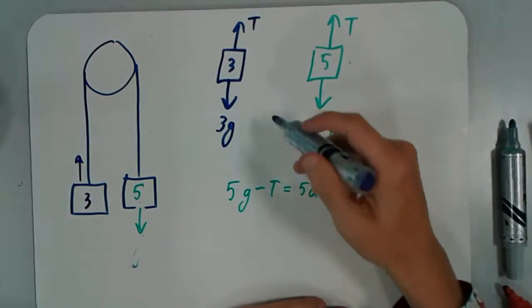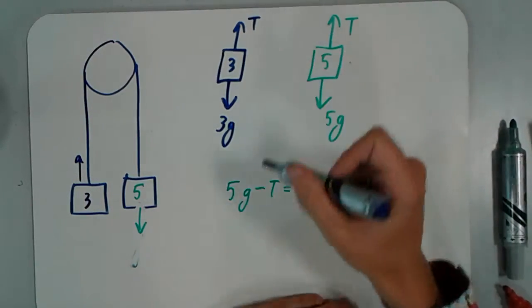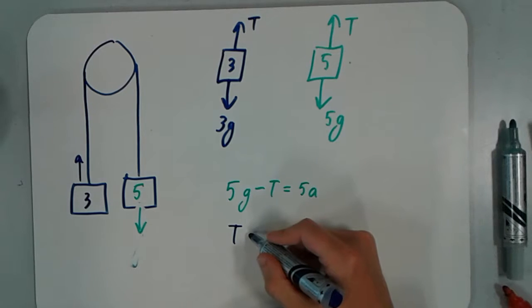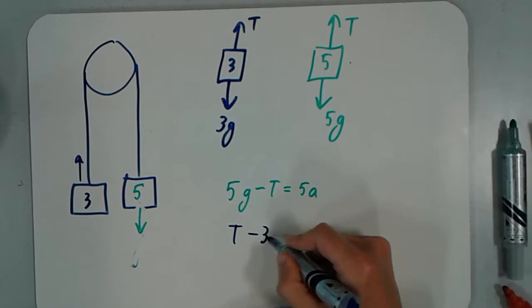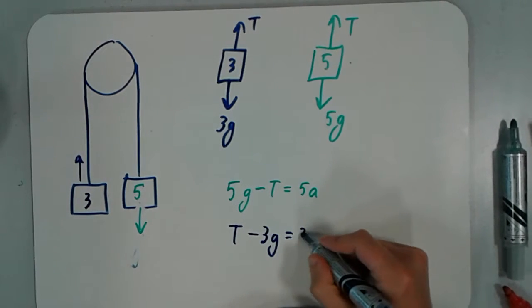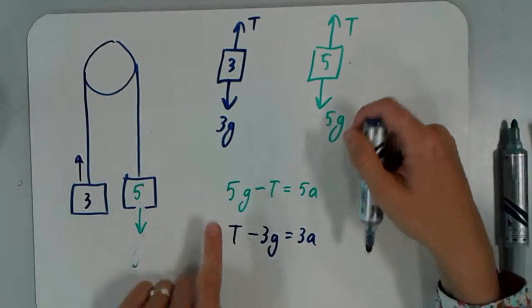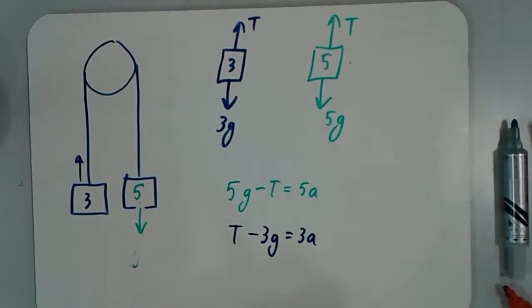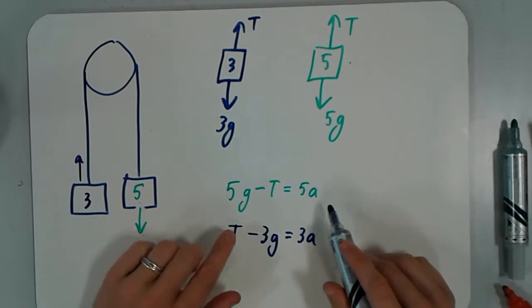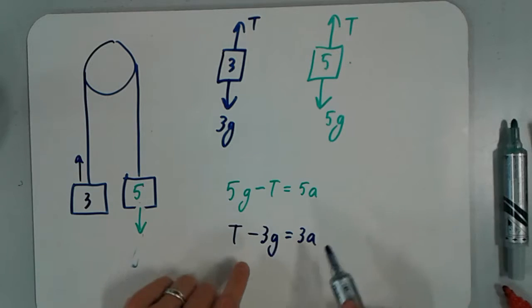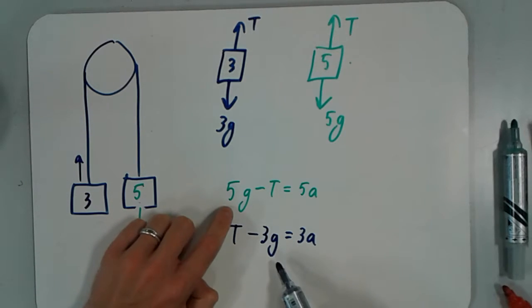Okay, we'll look at this one. In this case, we know it's accelerating upwards, so tension must be greater, minus 3g, and that's going to equal 3 lots of a. Again, it doesn't matter that acceleration is in a different direction, we're treating it as a scalar for now. So we've got two unknowns, T and a. Remember, g is just gravity, 9.8.